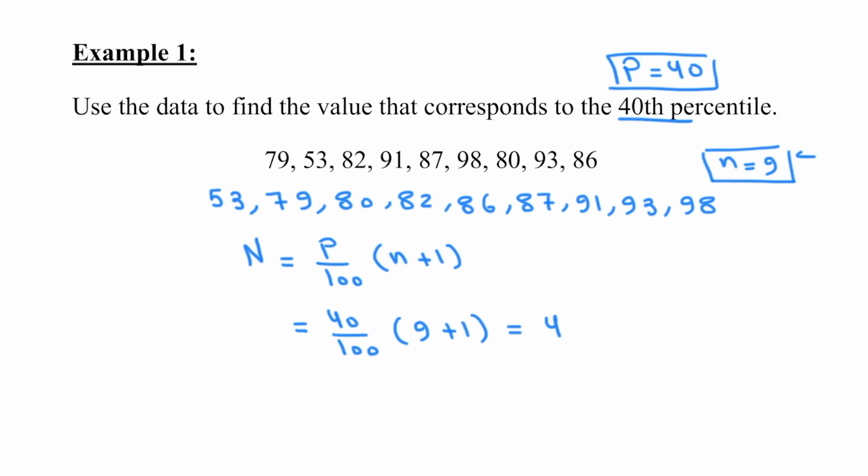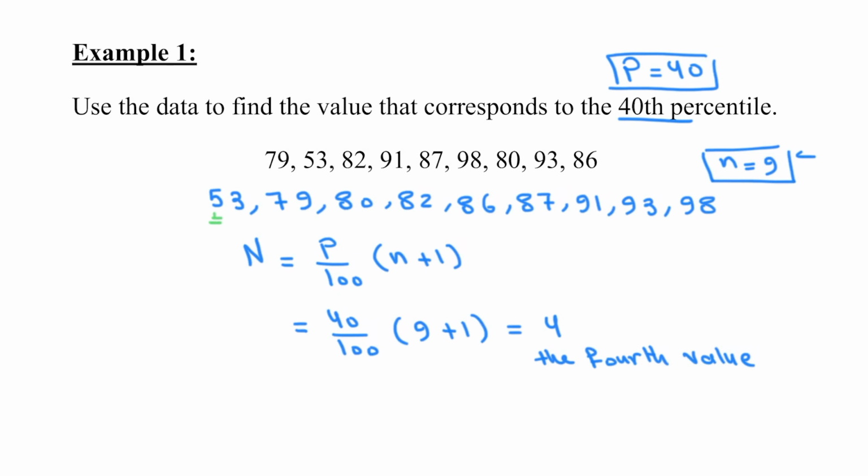Now 4 here represents the location of the value that we are looking for. So 4 means the 4th value. Let's go back to the ordered data set to locate the 4th value.